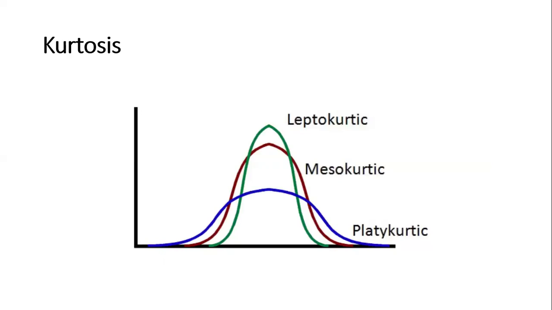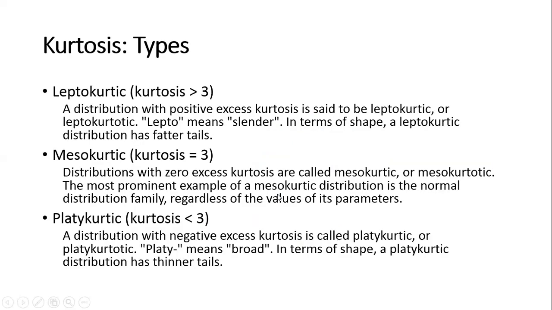So generally, data with high kurtosis are steep like this. Data with low kurtosis tend to be depressed like this. Does it make sense? Is this clear to us?